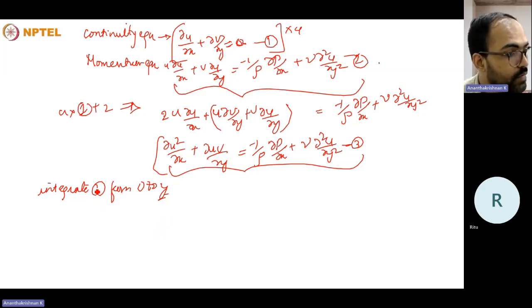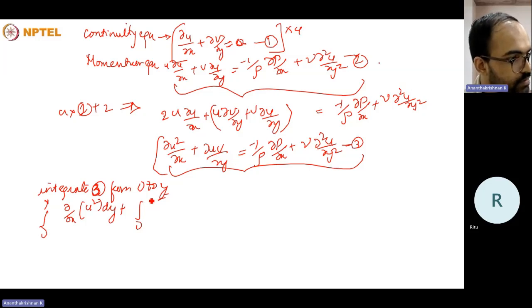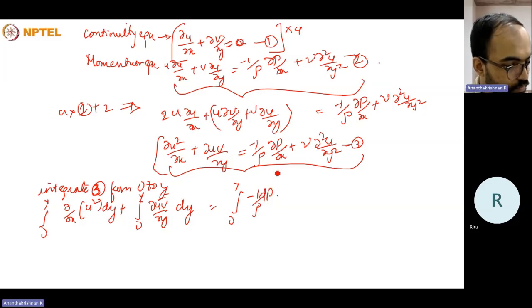So what we would get is the integral from 0 to y of dou by dou x of u squared dy. Similarly, for the y differential, dou uv by dou y dy equals minus the integral from 0 to y of 1 by rho dp.